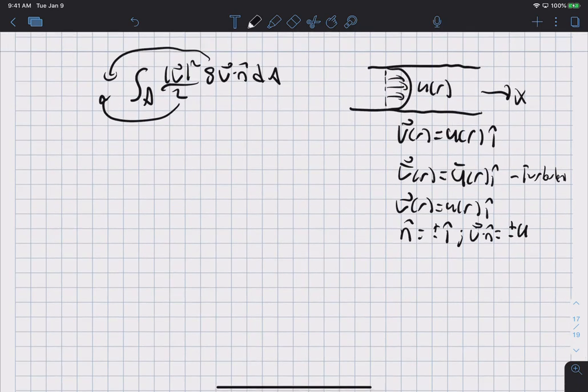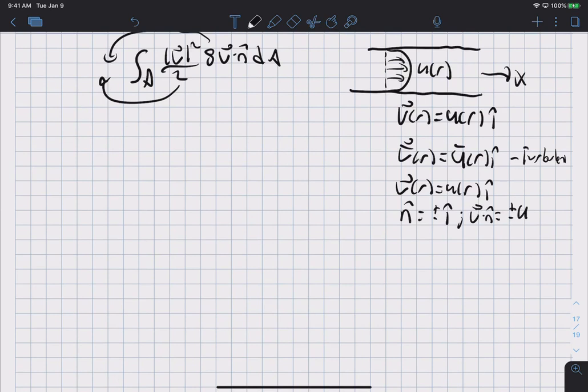Then v squared is simply equal to v dot v equals u I hat dot u I hat, and that just equals u squared. Okay? So now we know the pieces. We can actually start sticking v dot n hat and v dot v into this integral here.